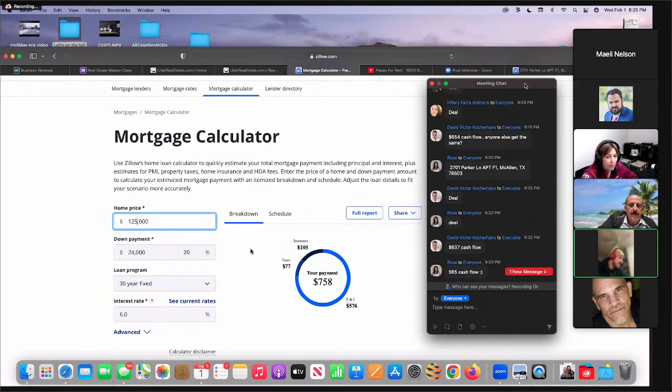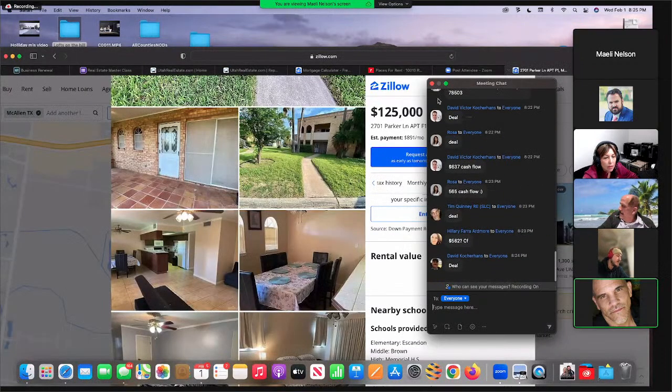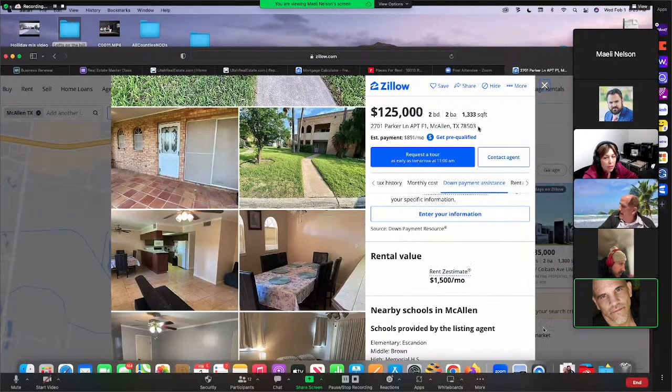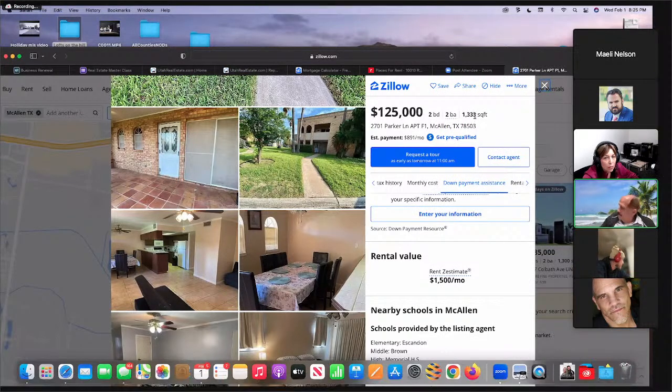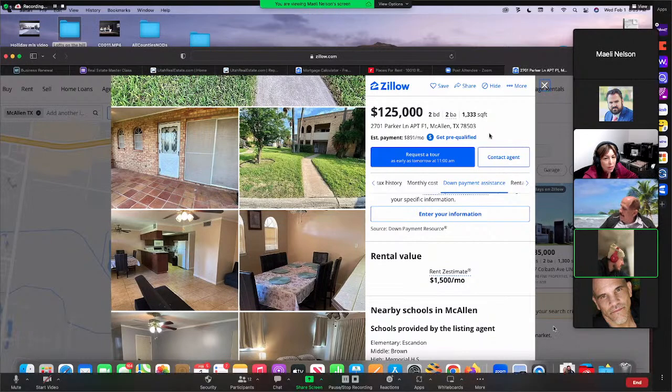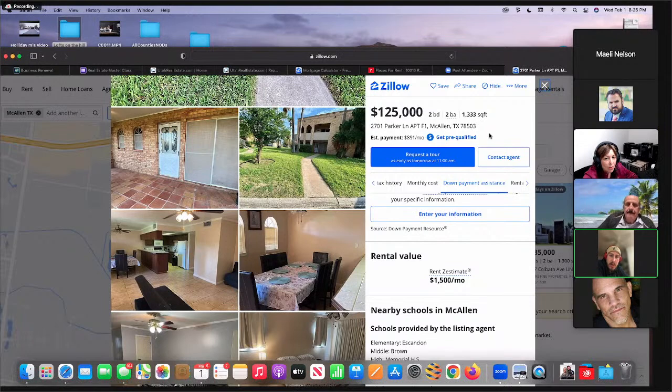You add 10% of that, $78 ish, so 863. Then subtract the 863 from what you're going to be renting it for, 1,500. So now you're getting 637 cash flow.